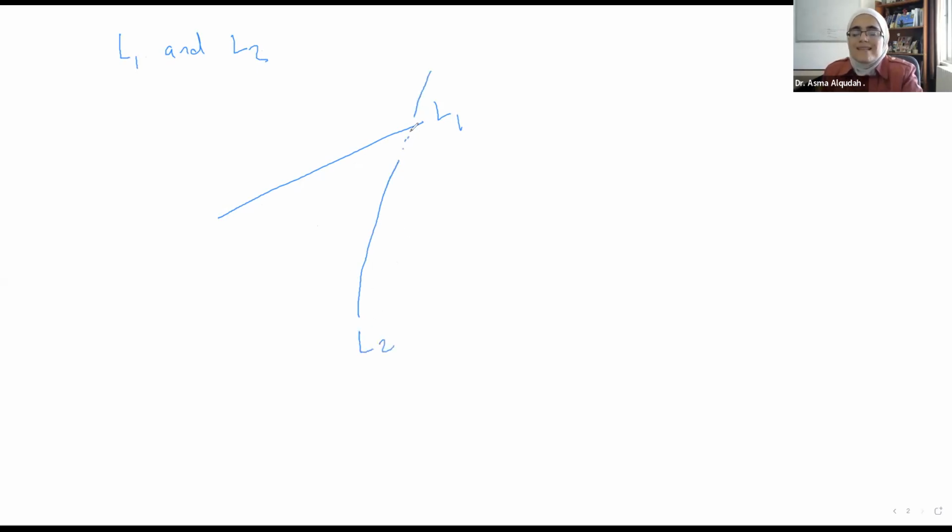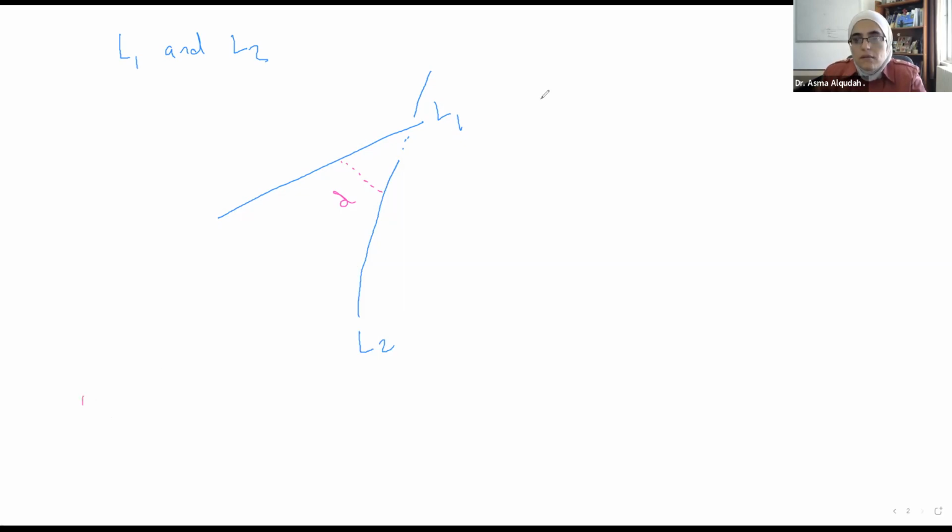If these two lines are not parallel and they don't intersect because there is a distance between them, we call them skew lines.